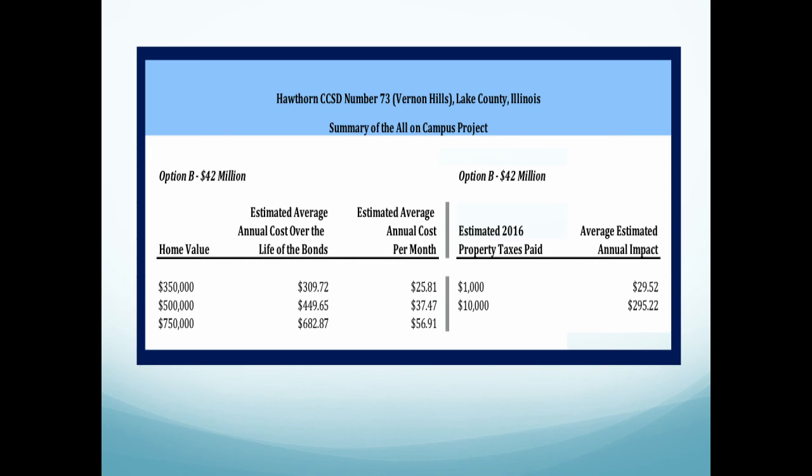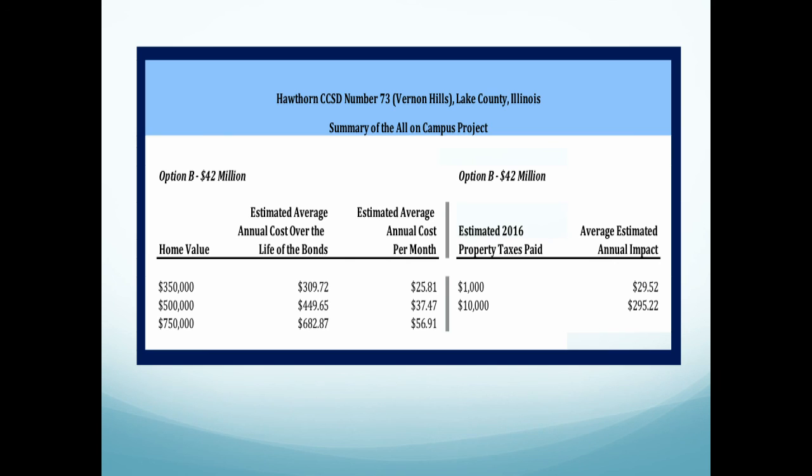So we also break it down per $1,000 of taxes paid and per $10,000 of taxes paid. So a little bit different way of looking at it, but on average, per $1,000, $29.52. I think that's an easy way for people to do the math, because everybody kind of knows how much property taxes you paid last year.